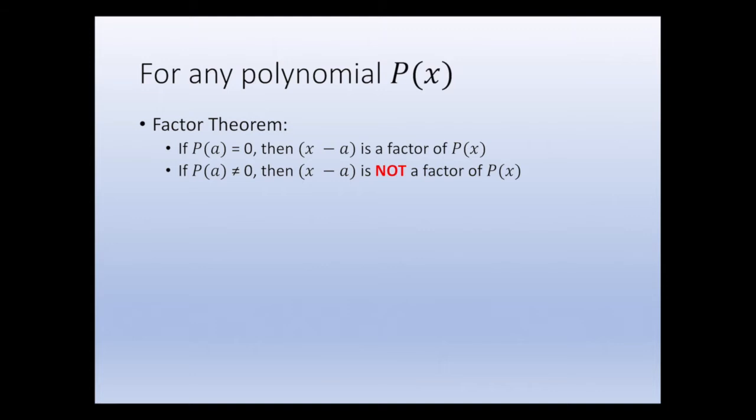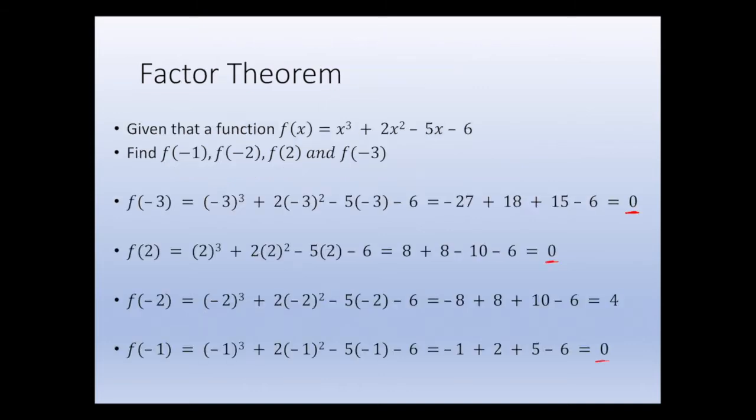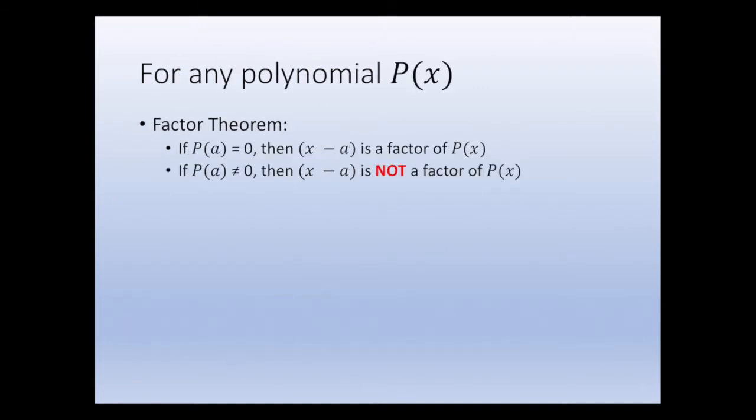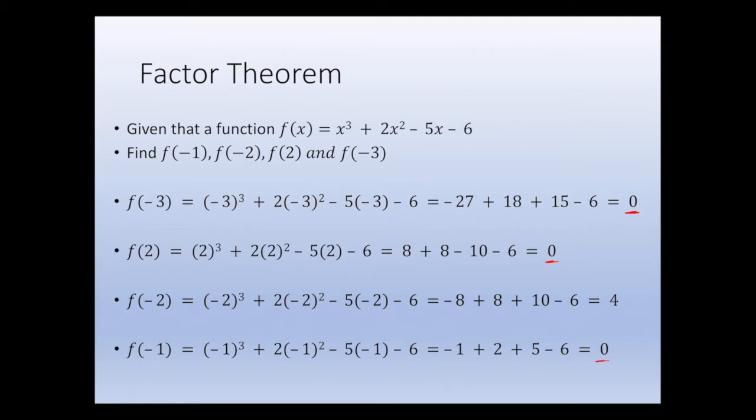Now let's have a look at the factor theorem. For any polynomial p(x), the factor theorem states that if p of a equals 0, then x minus a is a factor of p(x). If p of a is not 0, then x minus a is not a factor of p(x).